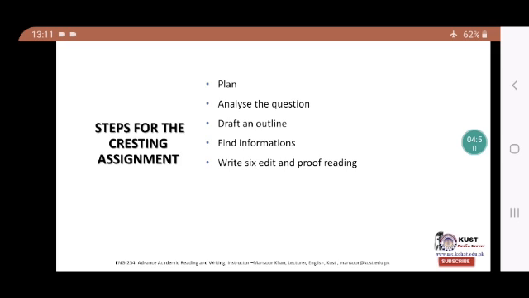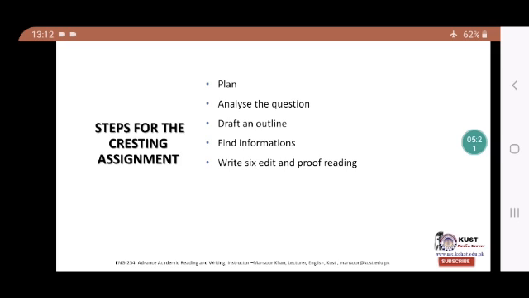You will have to collect data on your research topic or assignment topic. First you have to find different information for your assignment, and after that you will be able to write it in an appropriate and transparent way.